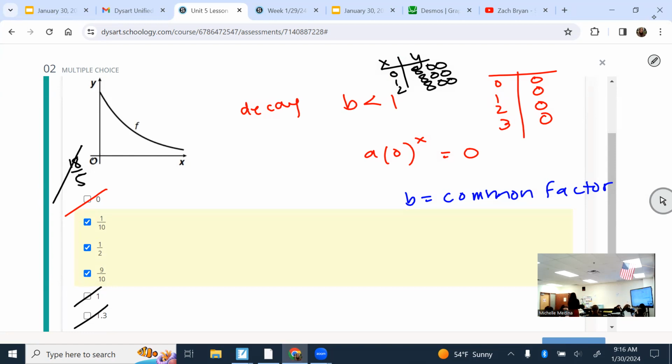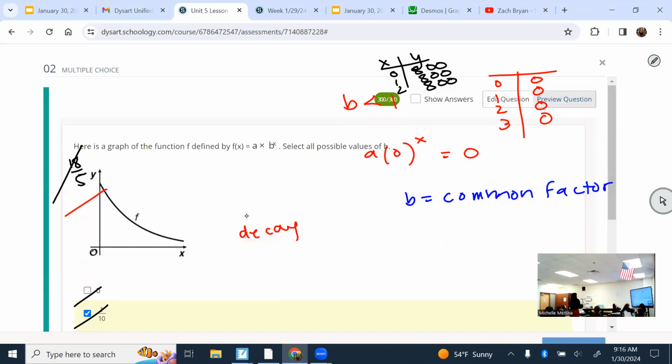6 on lesson 14. Let's read over the lesson 14.